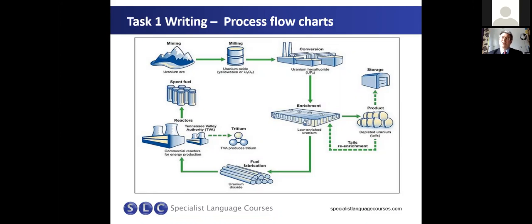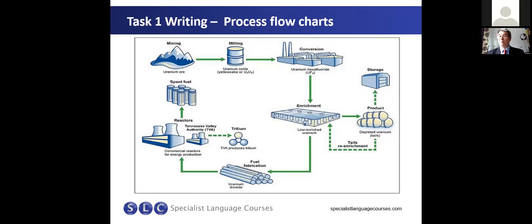So we'll use everyday tenses, but in a passive way. The passive tense would be things like, the uranium ore is mined, then it is milled into uranium oxide or yellow cake.